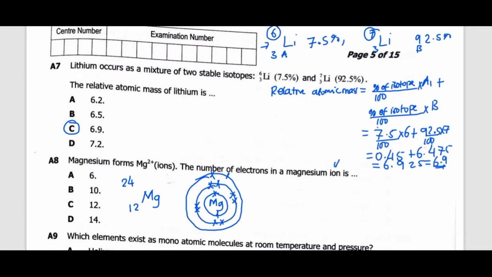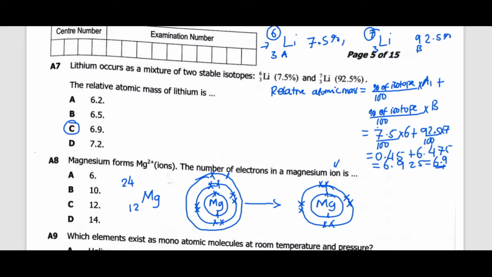So now let's look at what happens if the 2 electrons are lost. If the 2 electrons are lost, we are going to have only 2 shells. The first shell has 2 electrons, then the outermost shell will have 8 electrons. So we can see that now this atom is stable.